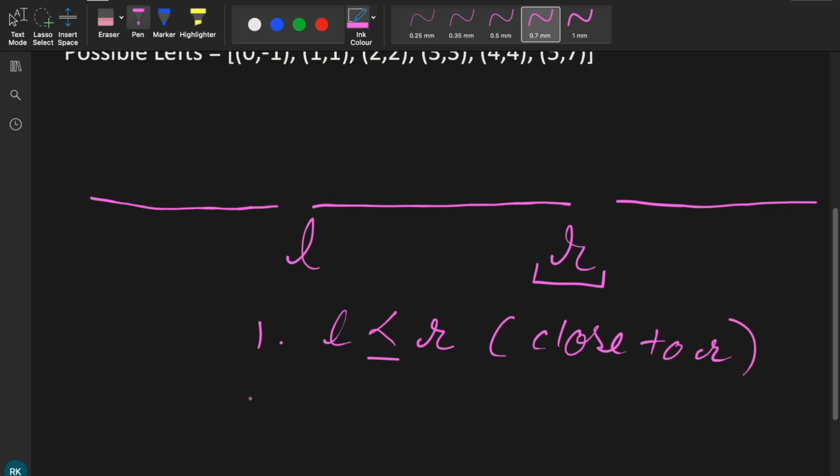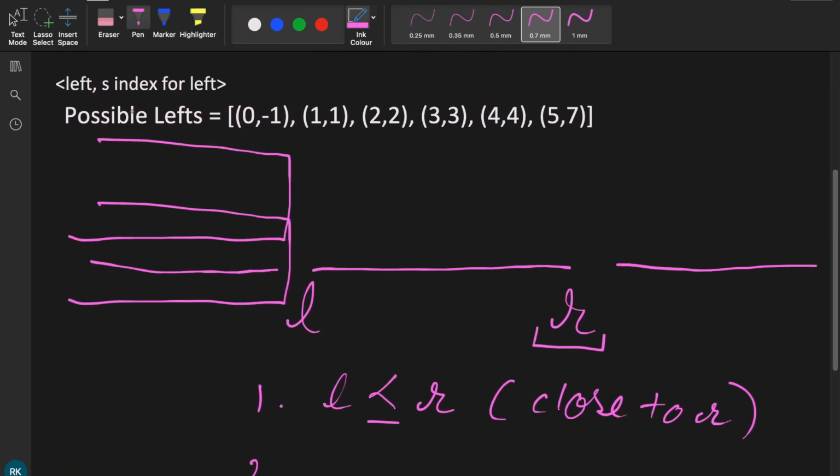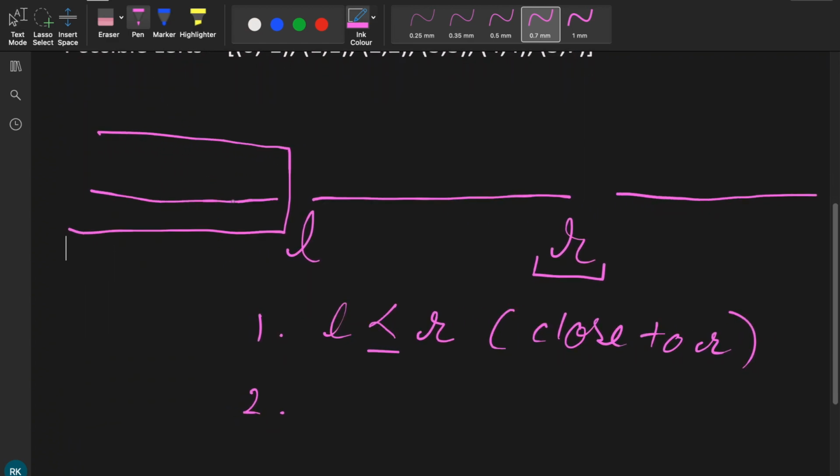The second thing that an L should fulfill is that towards the left side of L we have this substring. As we discussed earlier, this substring is a subsequence of S string, right? And in the possible lefts, we are storing all the S index for particular lefts. So if this left part has some S index, let's call it X for now. Towards the right of the R pointer, we also have a substring.